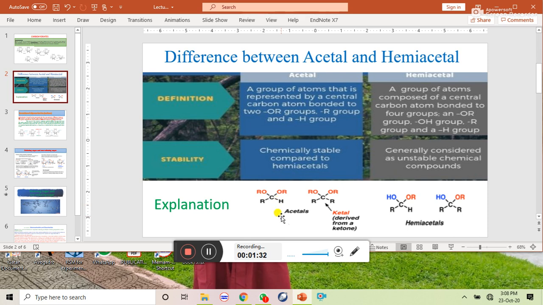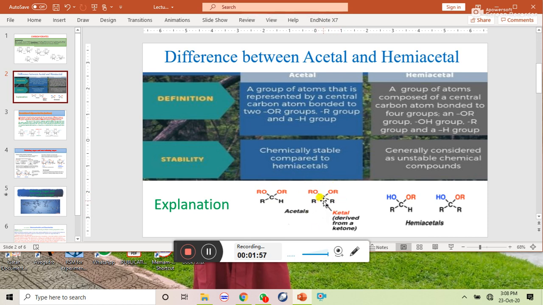If we see another example of acetal, we have derived another example from this. One example is from aldehyde, and this example is derived from ketone.